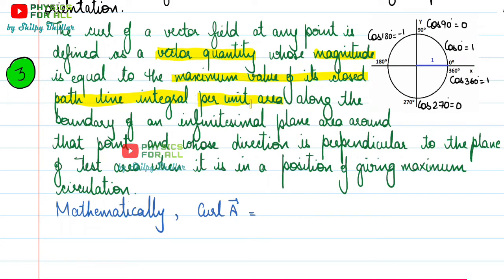So per unit area, we have to mention. The way we used to say in the case of divergence, it's the surface integral of a vector field per unit volume.